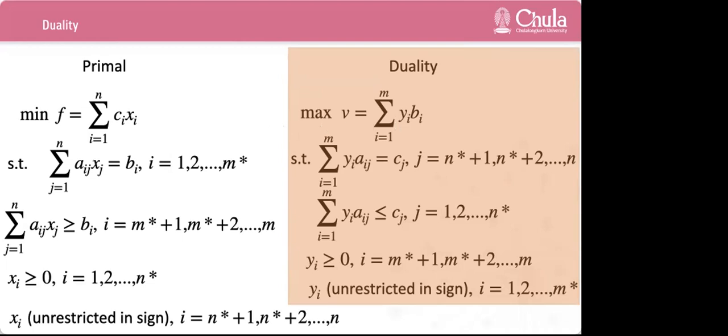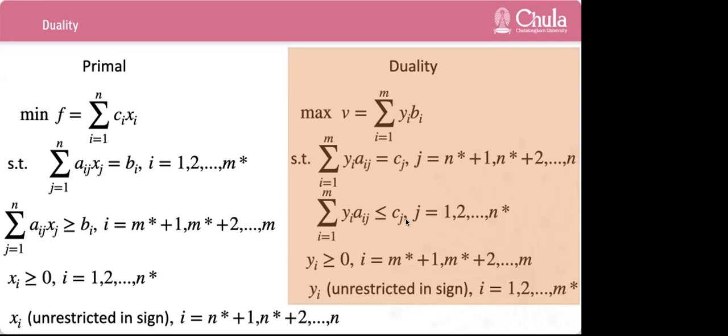Let's say in the primal problem the number of decision variables is n, but for the dual problem the number of decision variables is m. The number of constraints is also different. We start with m conditions in the primal, but for the dual we have n conditions.